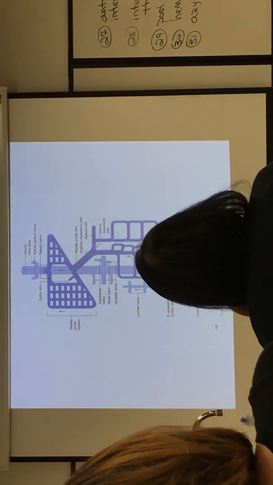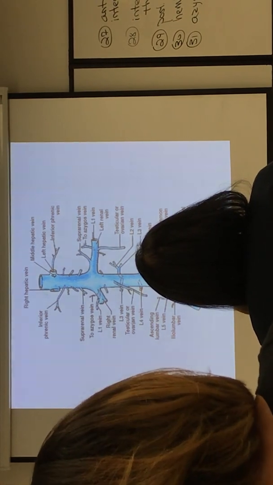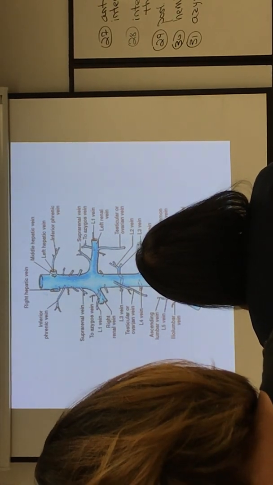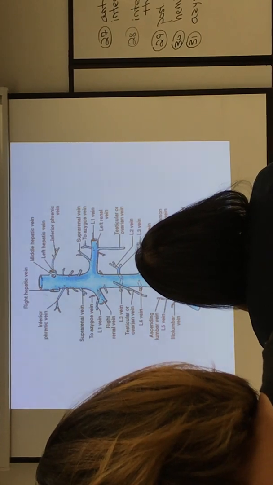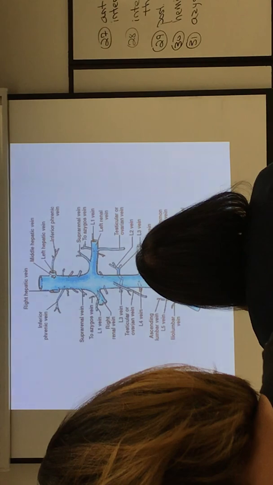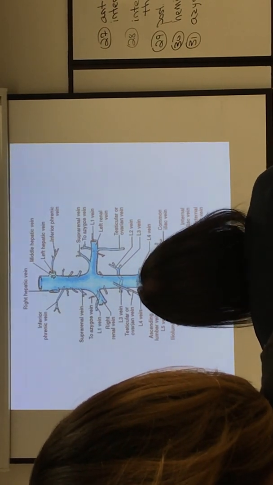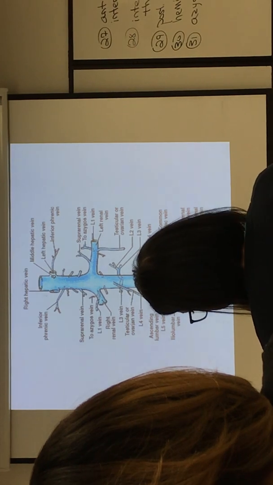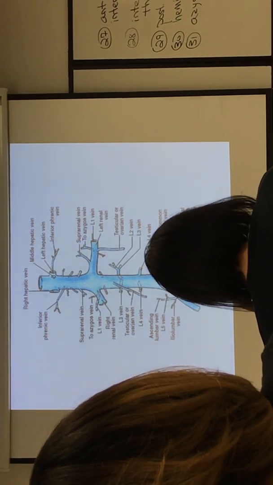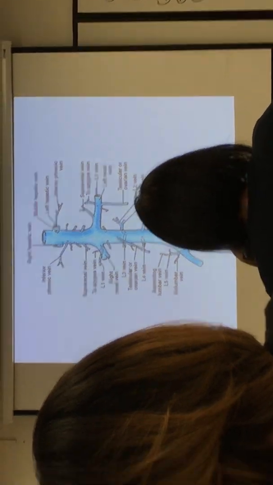So in doing this, we have our second experience with a portal system. Remember our first portal system we talked about in the brain had two sets of capillary beds. So we had the arteries coming into the hypothalamus, having a capillary bed where they picked up releasing factors.